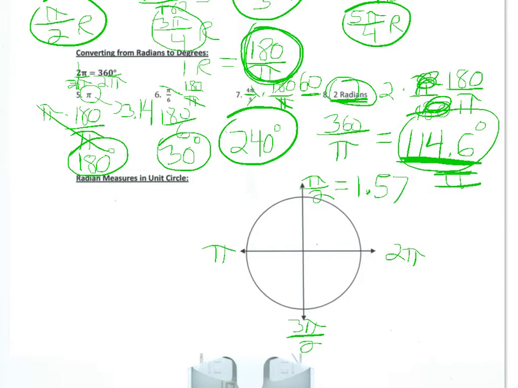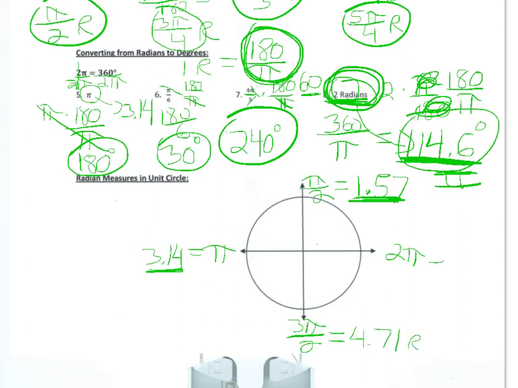So look, this makes sense. And I know pi, that's easy, that's 3.14. 2 radians was 114.6 degrees, which we said is in the second quadrant. Well, this 2 is in between 1.57 and 3.14. Then 3 pi over 2 equals about 4.71 radians.